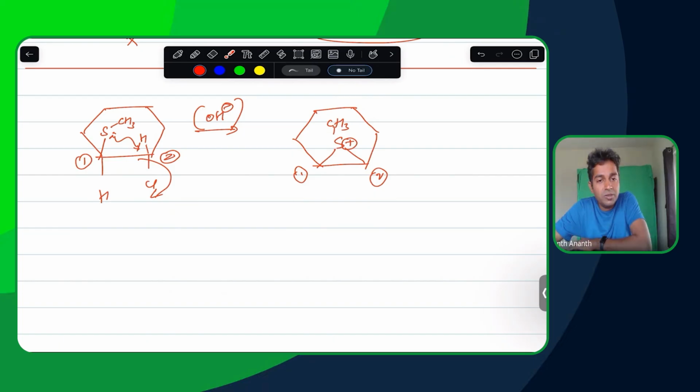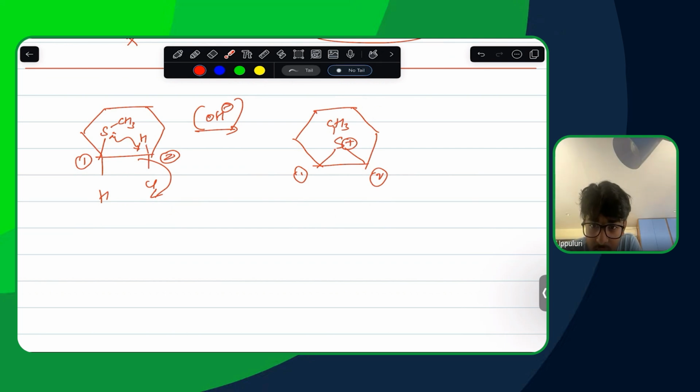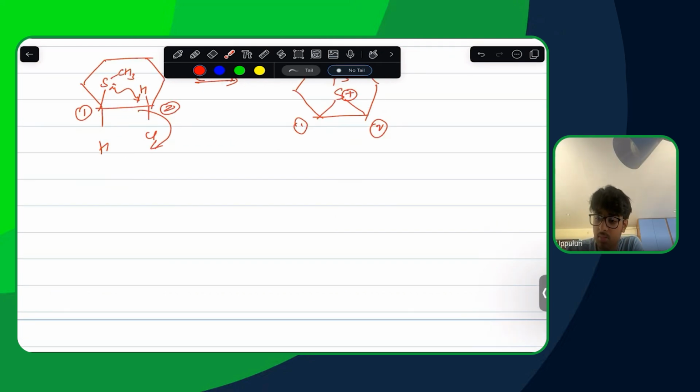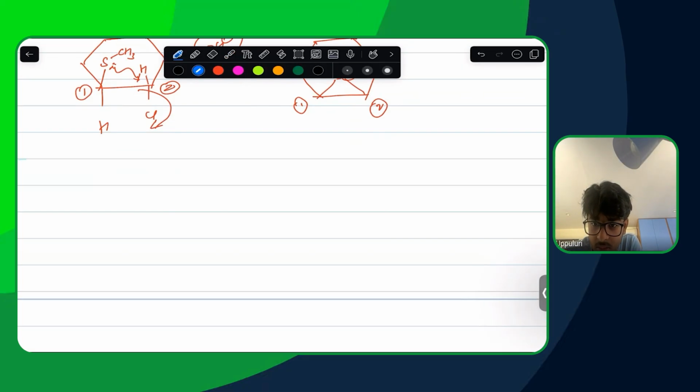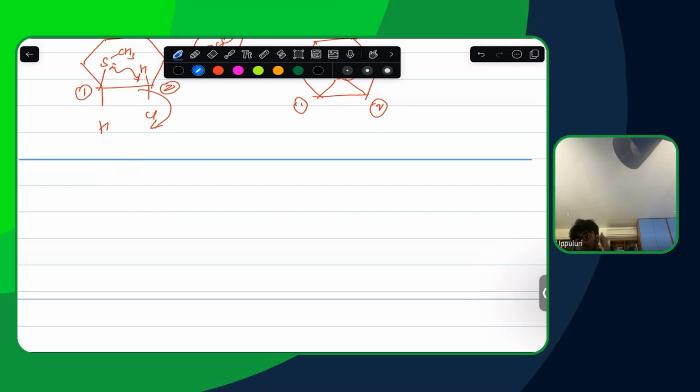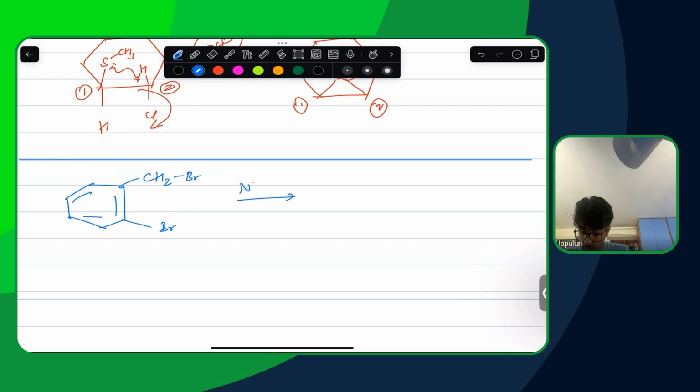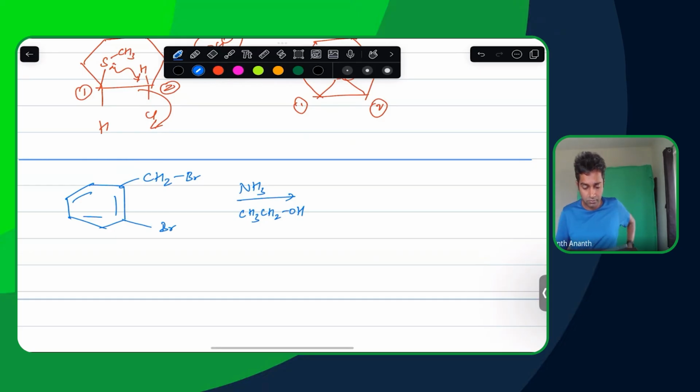Now, question: what is the major product obtained in the following reaction? What's your issue here?